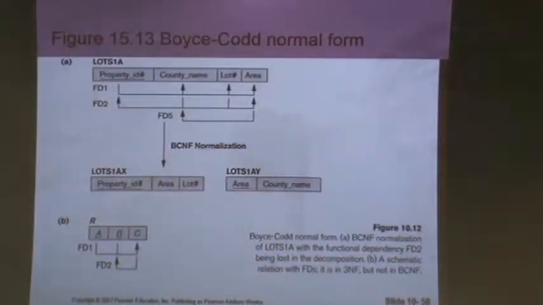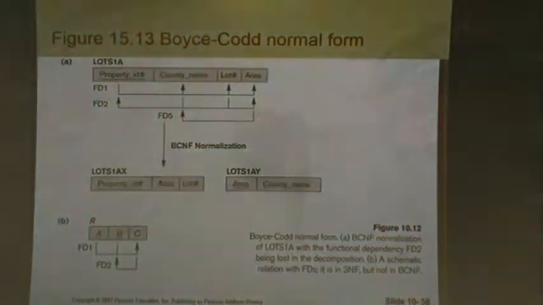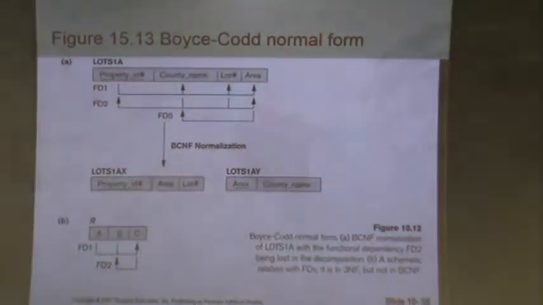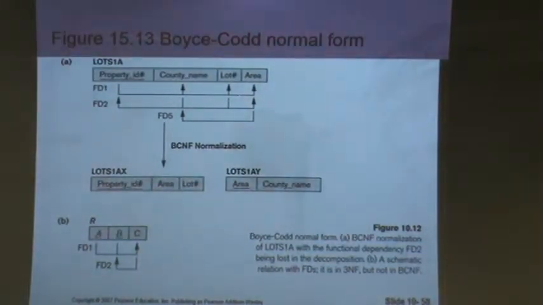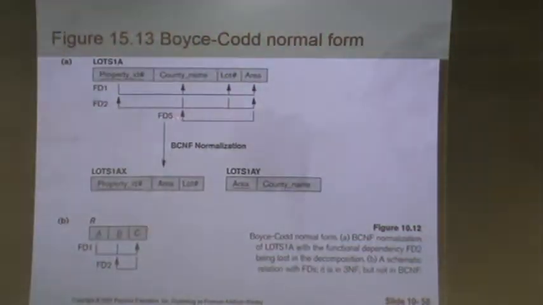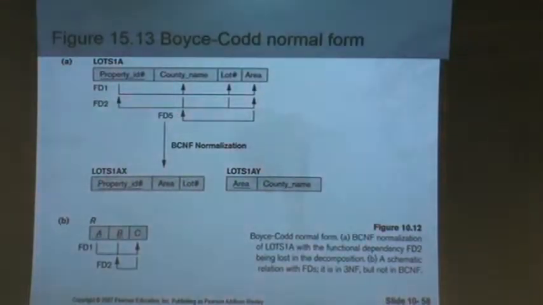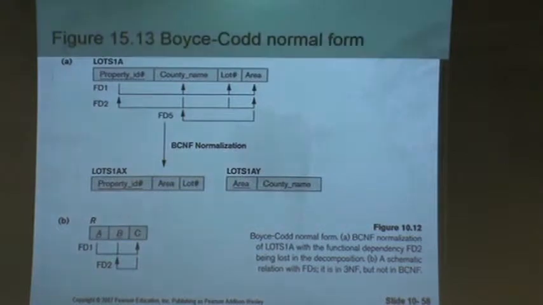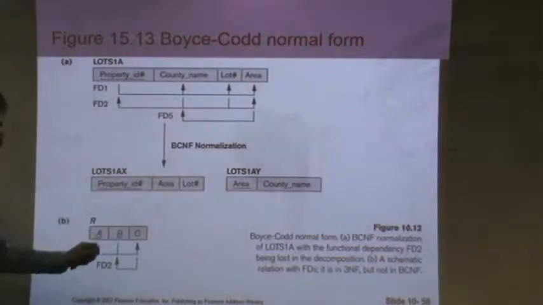So if we consider this one as transitive, that is called BCNF. So how can we solve the problem? We can even take out the area determines country name. So in my case, this is the best way to understand. Sometimes it's hard to figure out whether this is BCNF or not, pseudo-transitive or not. It's fine.